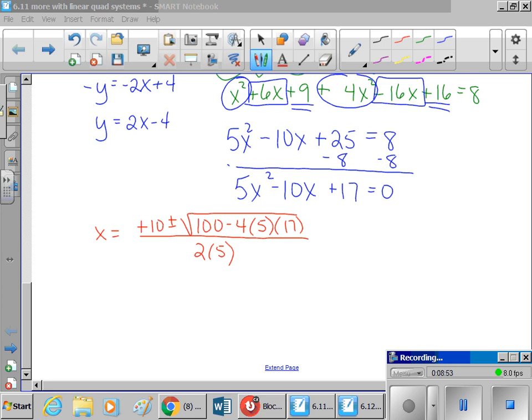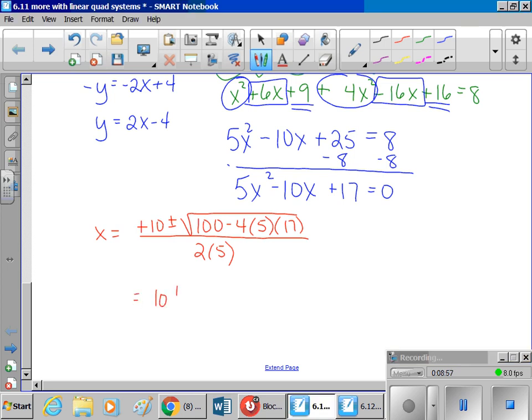So you know me, I like to do my discriminant first. So this is equal to 10 plus or minus, once you put this whole thing into your calculator, you get the square root of negative 240, over 10. So this is what I'm interested in right here.